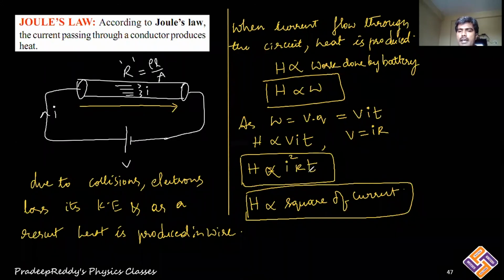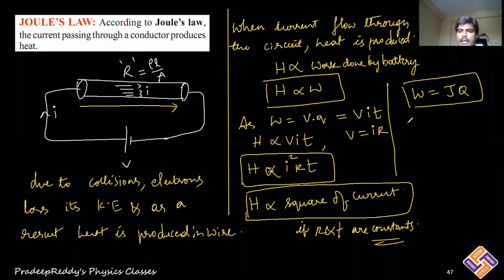If R and T are not constants, then you need to take H variable with respect to R and T also. So H is directly proportional to square of current if R and T are constants. Clear?